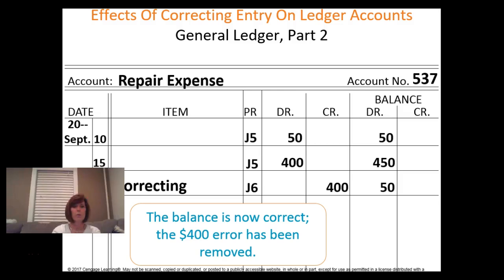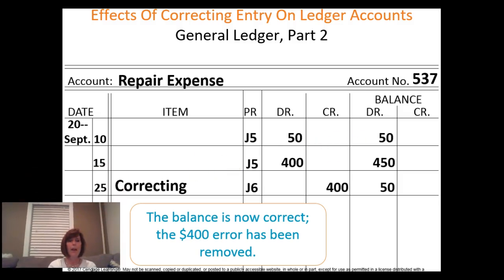And now we're going to show the repair expense. You'll see that we've got the 25th. So the 15th was our original incorrect entry. It is going to stay there. We'll indicate then on the 25th it's correcting, and that will be the credit entry, which will then remove it.